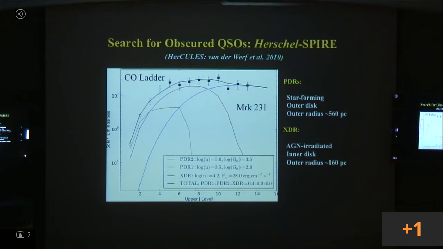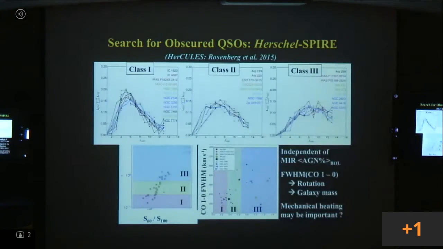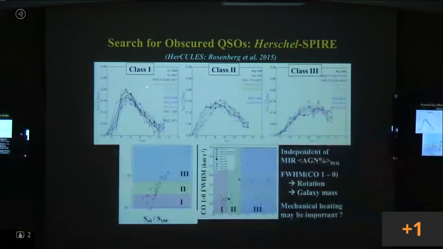Unfortunately, as is often the case, the first object is great, but then if you include the whole sample, things get a bit more murky. And that's exactly what happens. We published a paper last year where the full sample, about 30 objects, this is again luminosity of the CO versus upper level of the transition. Astronomers like to classify things, class 1, class 2, and then class 3.